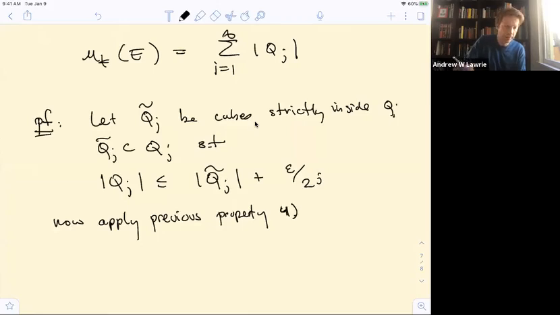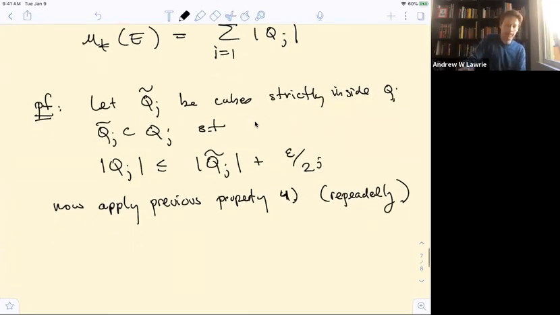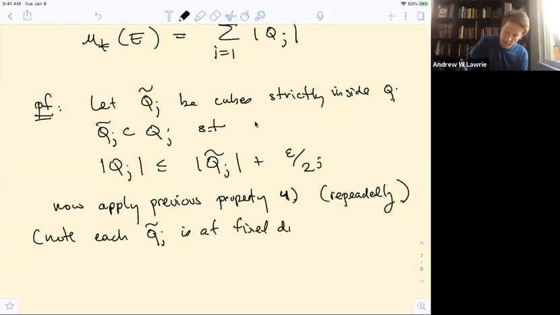Noting that each of these QJ twiddles is at a fixed distance from another, we'll have a uniform distance between all of them, as long as we only work with a finite collection of them.